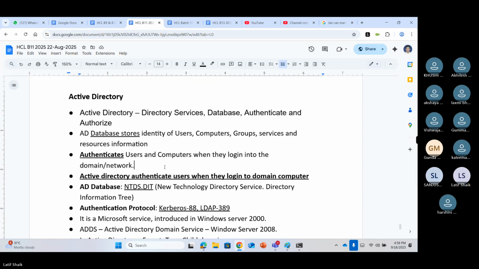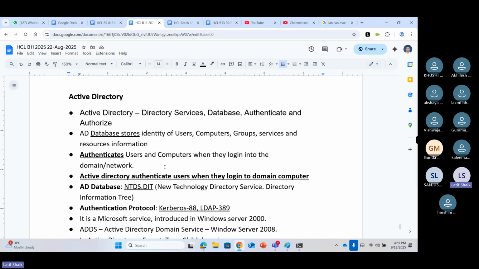Second is Active Directory does authentication and authorization. It authenticates users when they log into the domain computer. When the user is accessing any domain resources, it authenticates and authorizes the user to access. So that is two services of Active Directory.